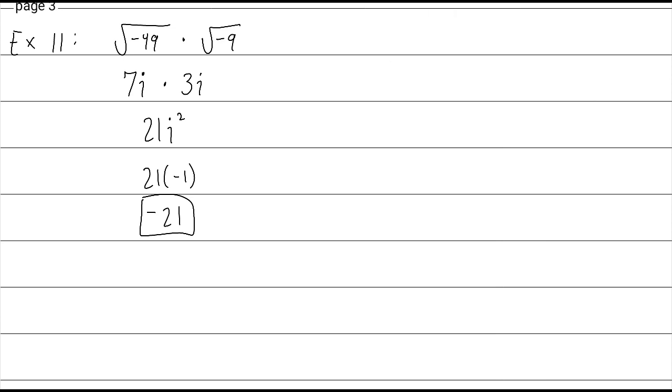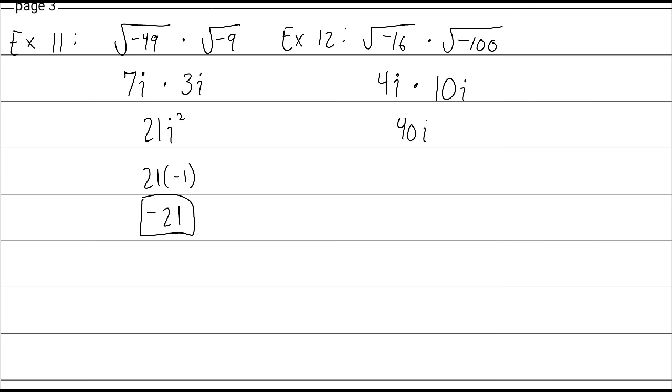All right, let's do another one. Just like that one: square root of negative 16 times the square root of negative 100. 4i times 10i is 40i squared. But wait, what is i squared?